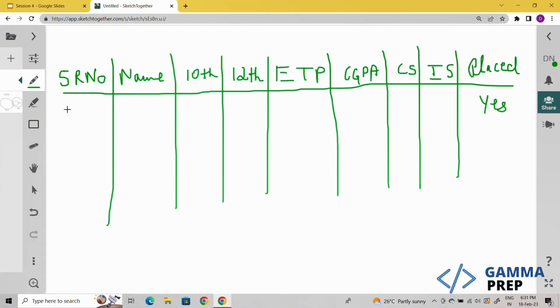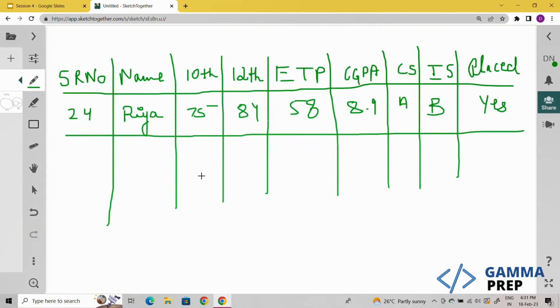Let's say serial number is 24, the name is Ria, 10th marks are 75%, 12th is 84, employability test percentage 58, CGPA is out of 10, which is let's say 8.9, communication skills grade is A, interpersonal skills is B, and Ria is placed.